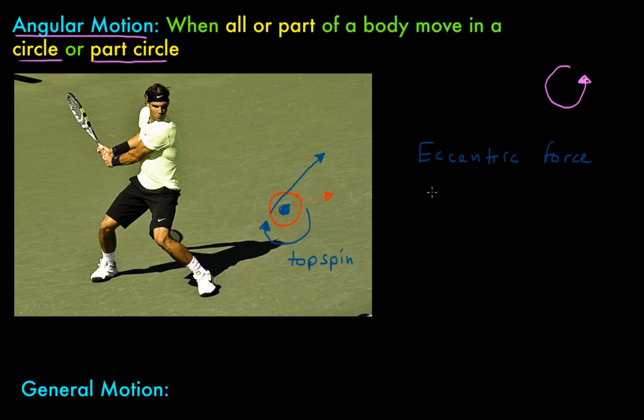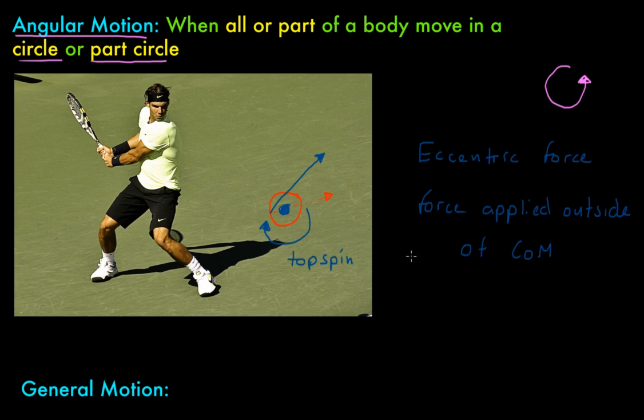An eccentric force is a force applied outside of center of mass. So whenever an object spins or rotates, that is what we are talking about.